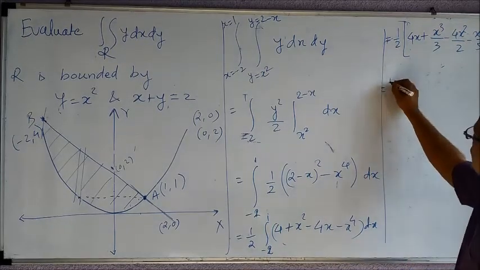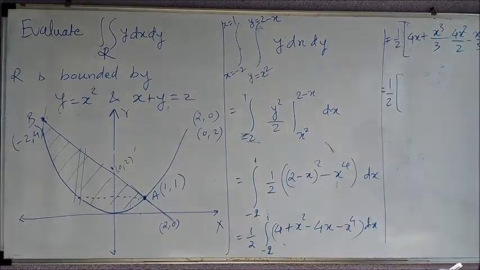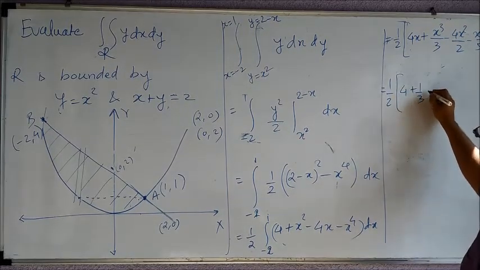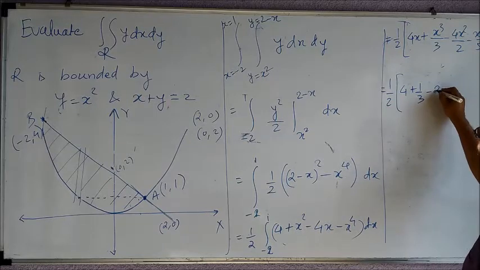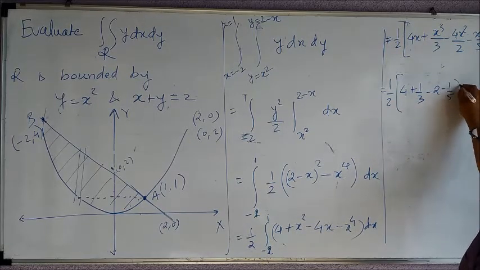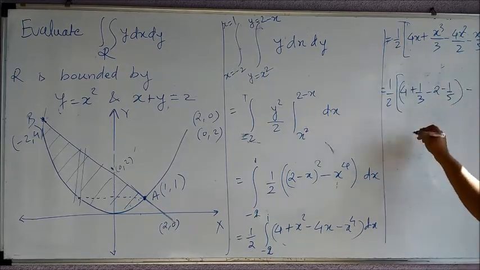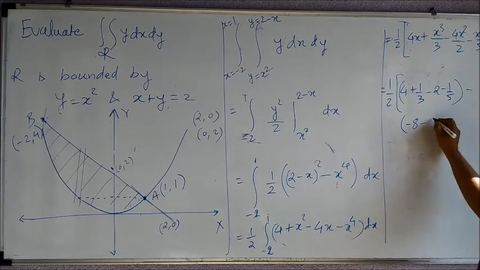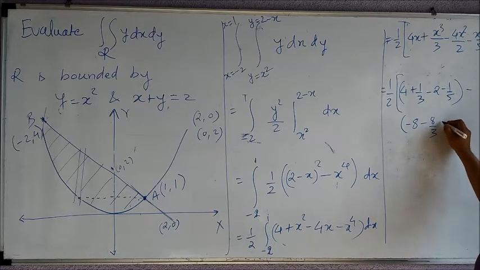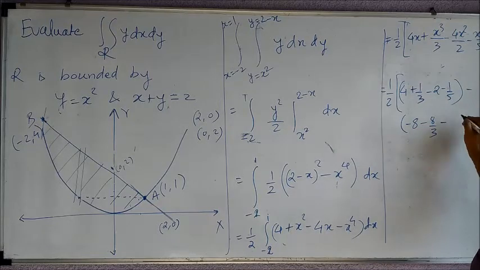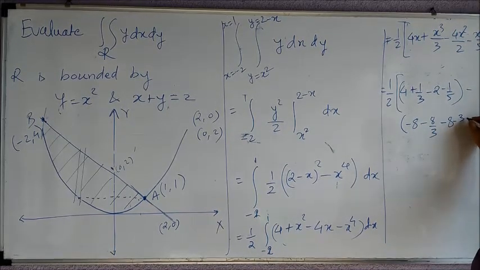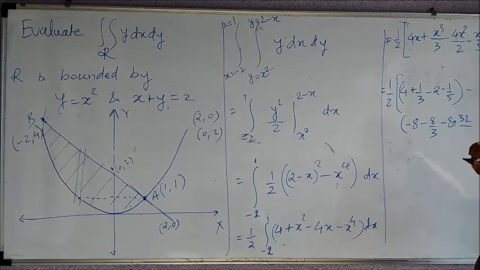So this will be half into bracket. Now if I put 1 first, it will be 4 plus 1 by 3 minus 2 minus 1 by 5, minus, if I put minus 2, it will be minus 8 minus 8 by 3 minus, this will be 2, so 8, then minus 32, so this will be plus 32 by 5.